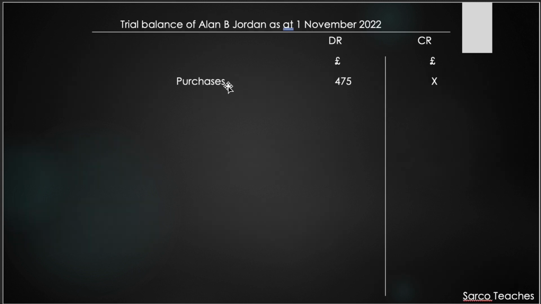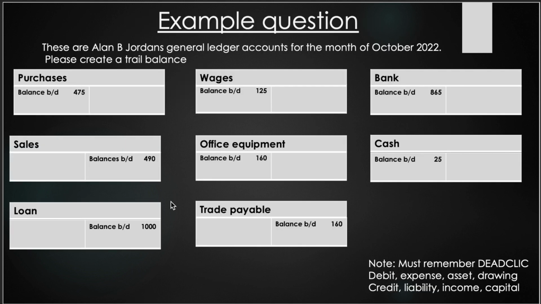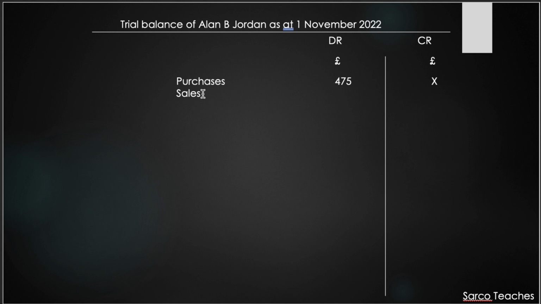We go into our trial balance. But this time, the sales is on the credit side because it's an income. And what does DEAD CLICK tell us? That income goes on the credit side. So we write the account name again, which is sales, with the value of 490 on the credit side.